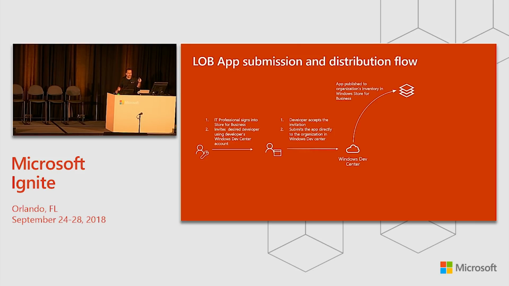It will take some time, though, because we vet line of business applications the same way we vet publicly available commercial applications. The IT professional approves the initial version. Apps are distributed to people in the organization. App updates are provided to users. And more importantly, this app is now part of the store ecosystem.